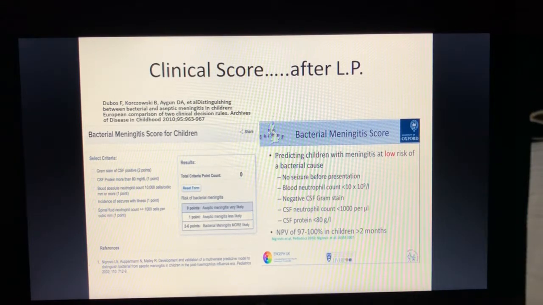So, despite highlighting the issues about cutoff values in blood tests and CSF, we've still managed to diagnose children, and we've still been treating them for meningitis with clearly degrees of success. So I think we'll leave the shortfalls of our tests, and let's proceed with reviewing the evidence for treatment.